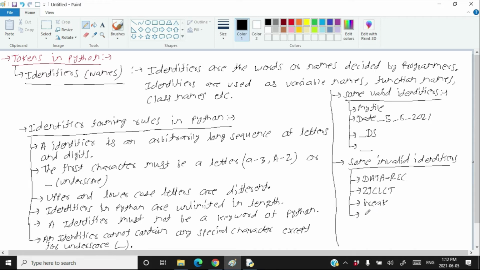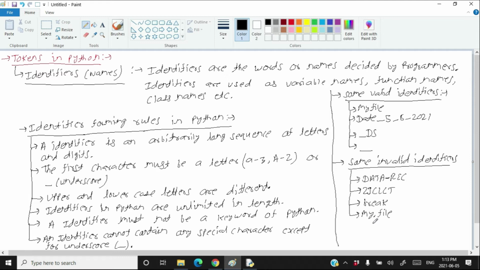My.file is also an invalid identifier because you are using a special symbol other than underscore. Any special symbol other than underscore is not allowed in Python as an identifier. So these are the identifiers in Python.